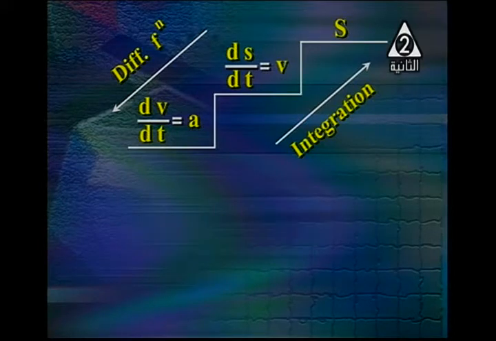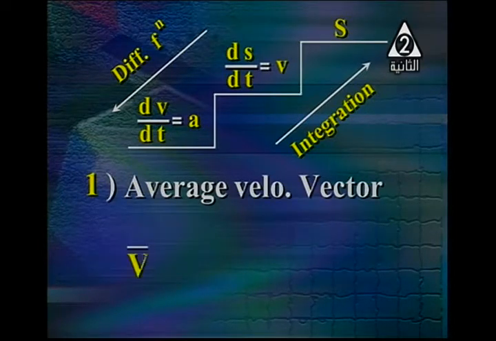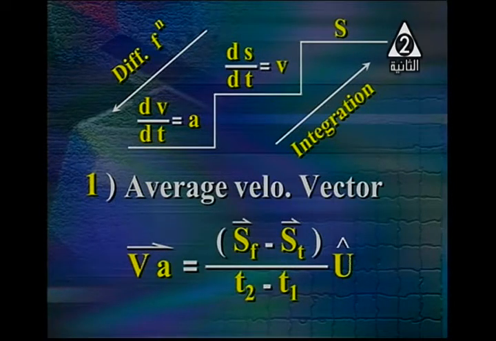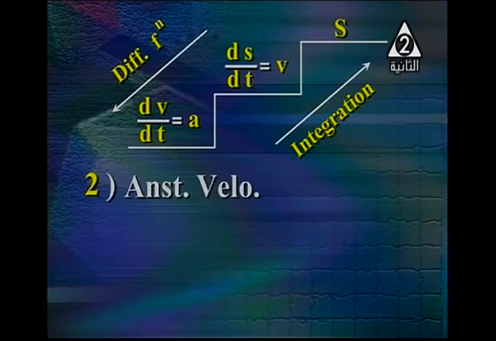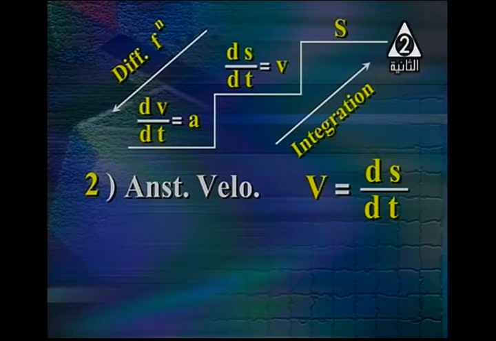Then average velocity equals s final minus s initial over t2 minus t1. Instant velocity v equals the derivative of the distance with respect to the time t, v equals ds over dt.